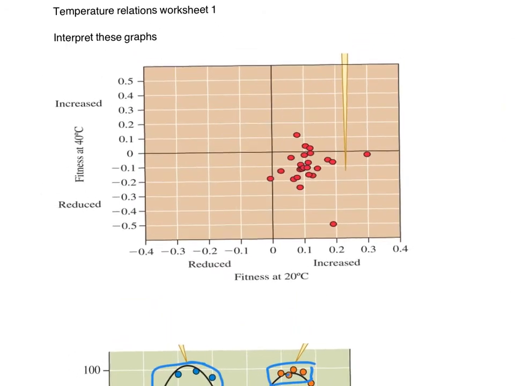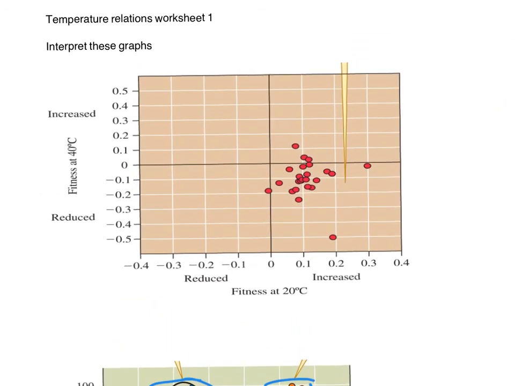This second graph is a little bit less intuitive, but you can see essentially you have an organism which has a fitness, meaning survival and reproduction, at 40 degrees Celsius and another one at 20 degrees Celsius, two different ones. I think these are two different populations of the same species.